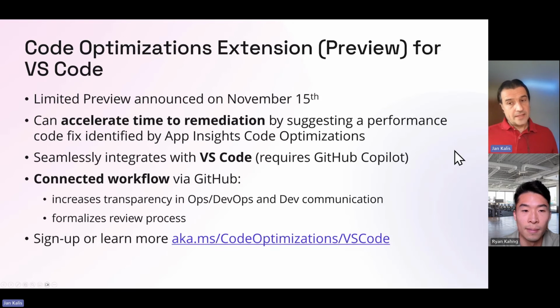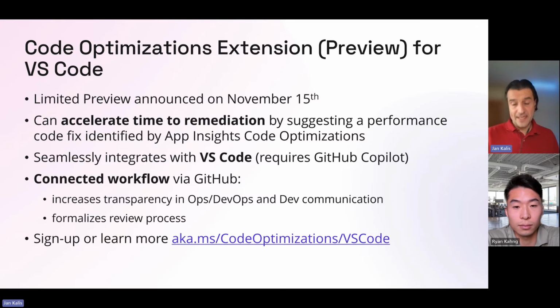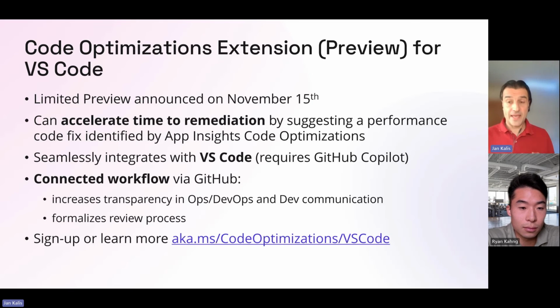Now, in the last section of the session, we wanted to show you the integration of code optimizations into VS Code. So we mentioned that the AI model that we've built was trained on internal cloud scale applications, but also the code fixes that the model provides were curated by .NET architects in Microsoft to make sure that these type of code fixes really address the specific performance issue.